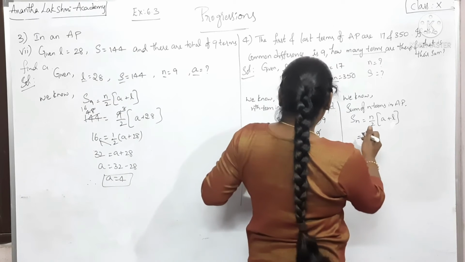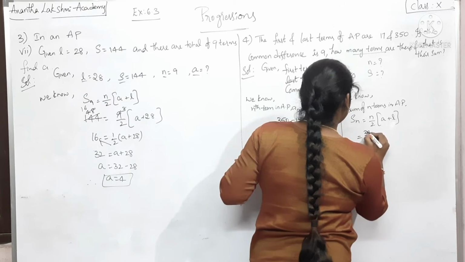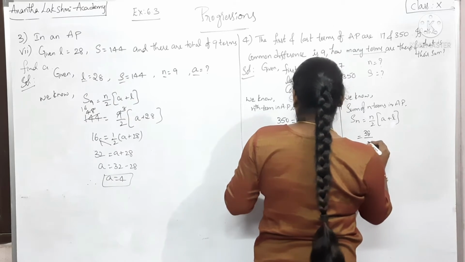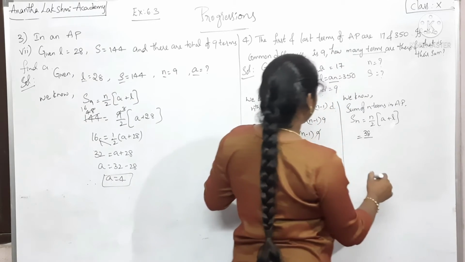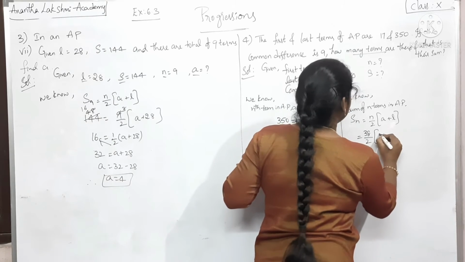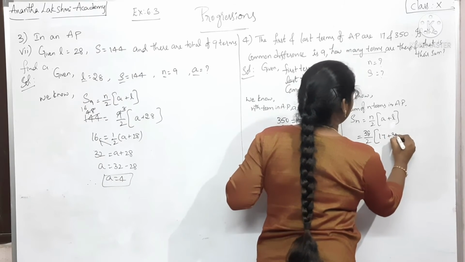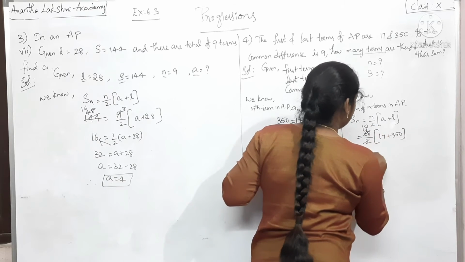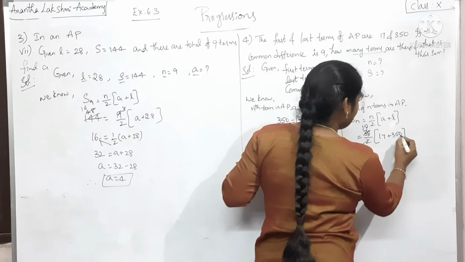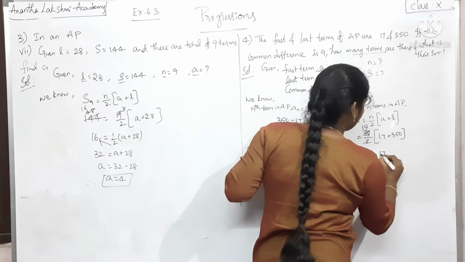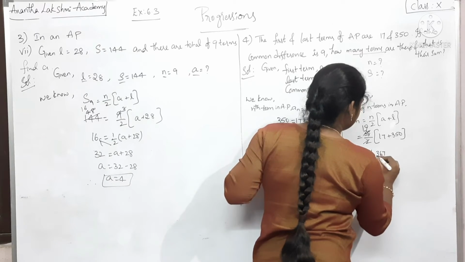So n is 38. n is 38 by 2 into (A is 17 plus L is 350). 2 1s are 2, 2 9s are 19, into 350 plus 17, which is 367.